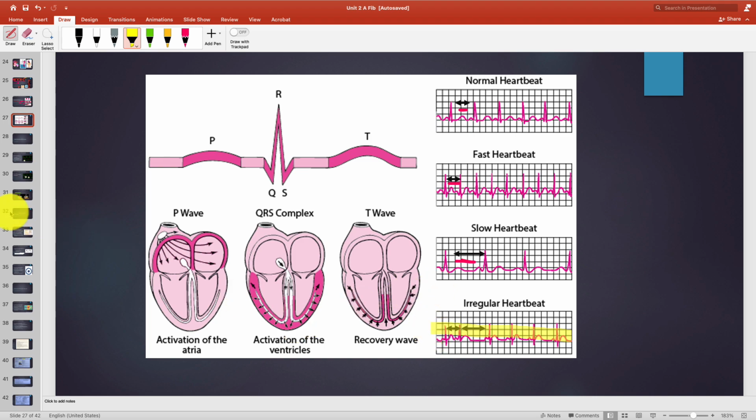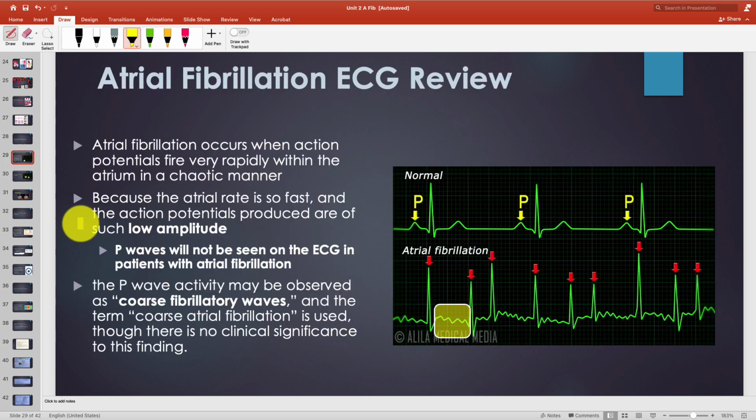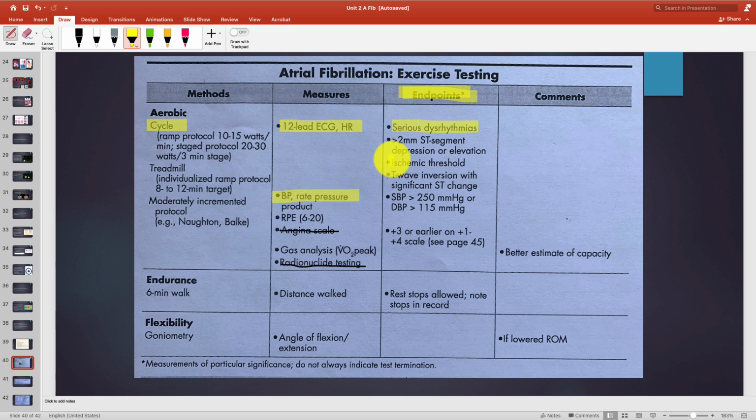And if you want to know what that looks like a little more, you're going to go back to this slide and look at, okay, here's a normal P wave. Here are the spaghetti P waves that we see with somebody with AFib. So this would be a severe dysrhythmia or a complication that is causing the quivering or the disorganization of the heart beating together, right? So now I'm trying to put all these things together for you guys here.